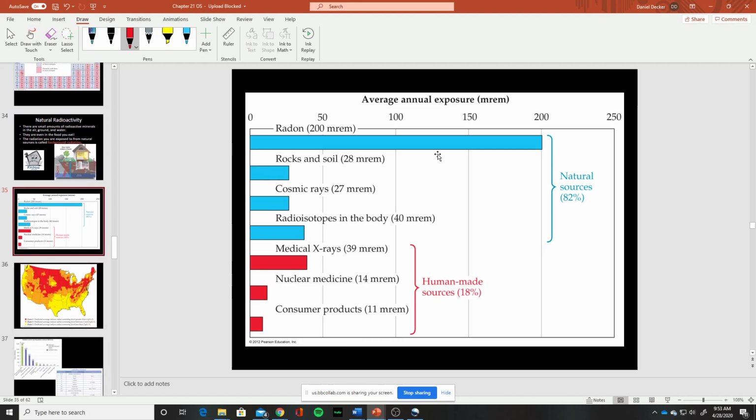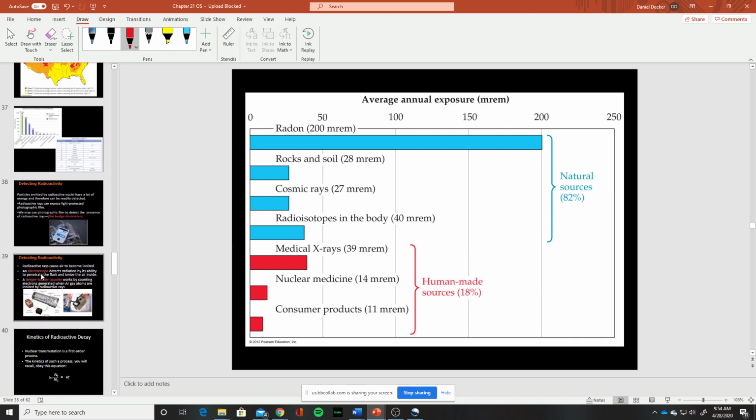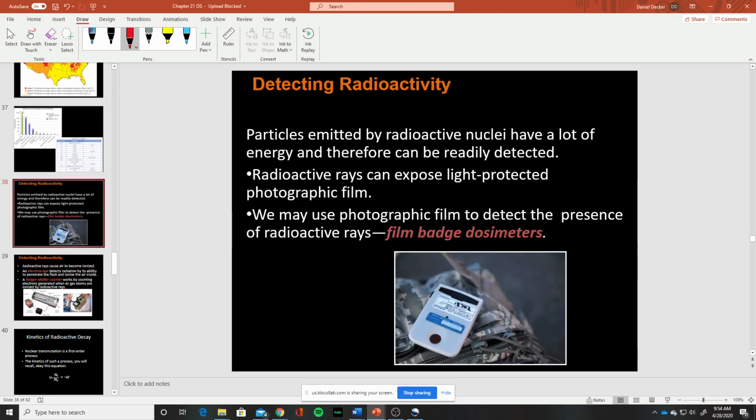And also, you should know just generally about different sources of background radiation. So you should know that radon is the biggest source of natural background radiation. And then depending on your personal situation, you might have more from medical x-rays or things like that. You should know just generally that dosimeters are more passive ways of detecting radiation, while Geiger counters are actively measuring.